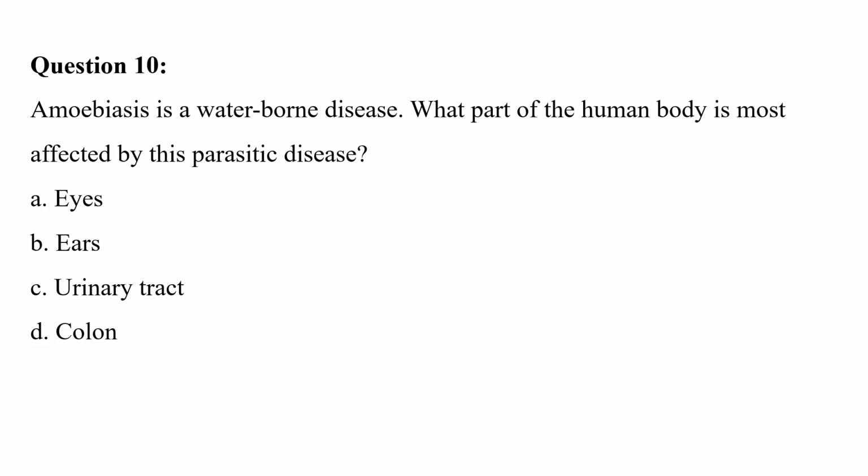The next question is question number 10. Amoebiasis is a waterborne disease. Which part of the human body is most affected by this parasitic disease? Option A, eyes, option B, ears, option C, urinary tract, and option D, colon.